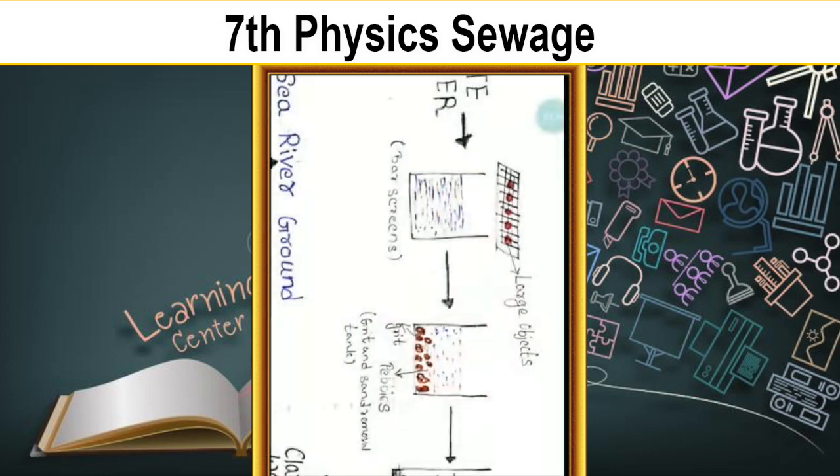Okay, so the first step: the wastewater is passed through bar screens. Here I want to explain diagrammatically. This bar screen is just a screen in which large objects like rags, sticks, cans, plastic packets, etc., which are non-degradable substances, are removed.